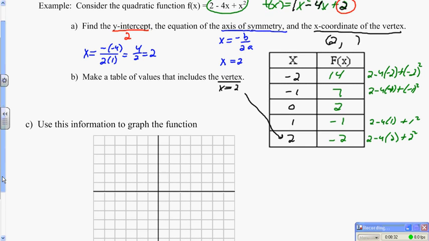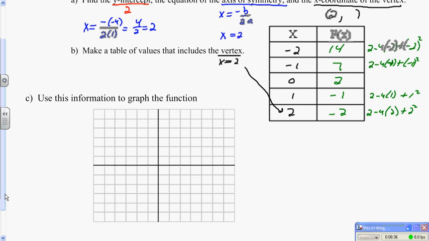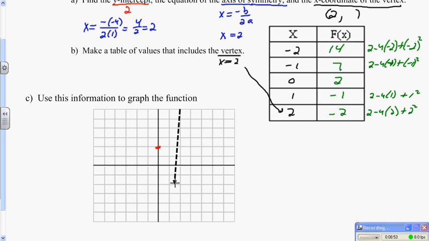Now, what is this going to look like if we graph it? Well, first of all, we have a y-intercept. The y-intercept is 2. We have a line of symmetry, or axis of symmetry, which is at 2. The arrow goes down, but it can go up and down. That is, it's just a mirror point for us.